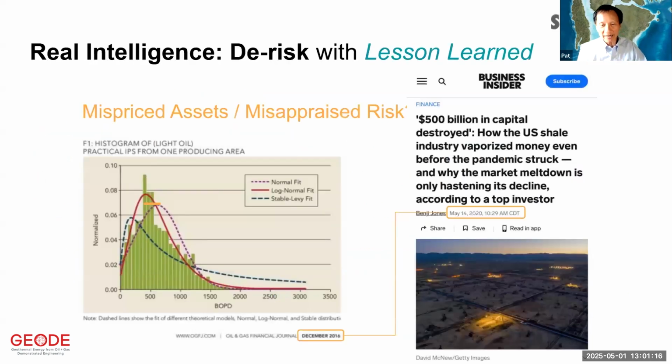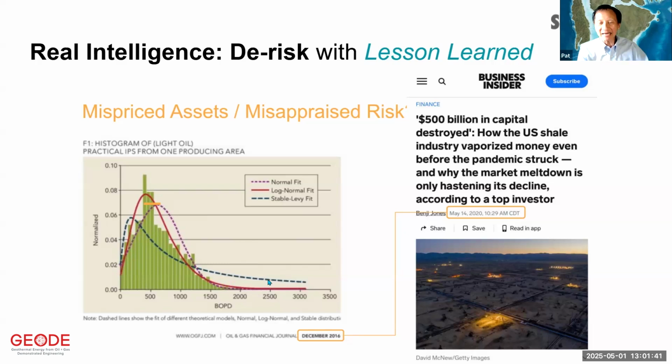Capital is required in order to make it scale. We need private capital, and it might be a combination of public-private partnership. So what I say is, again, we come back to take lessons learned from the shale revolution and de-risk what we learned. In 2016, we published a paper in the Oil and Gas Financial Journal.